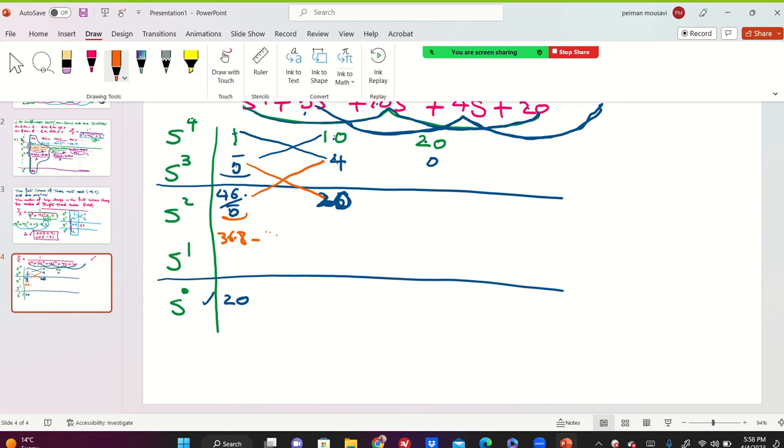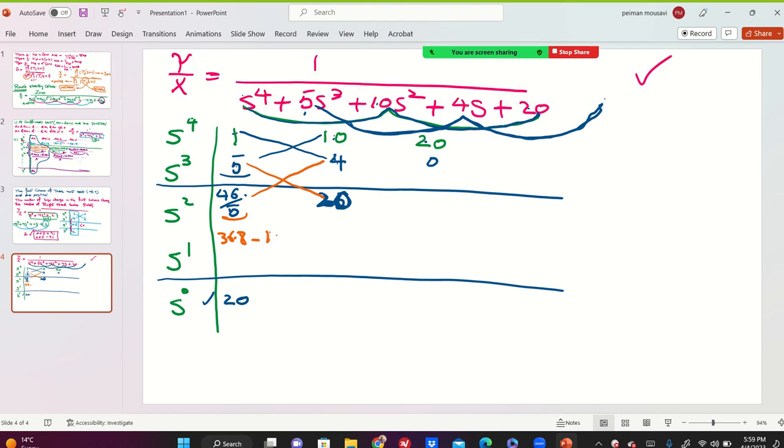Divide by 100 and divided by this number, 46 divided by 5, which is 9.2. The answer of this, 36.8 minus 100 divided by 9.2, is minus 6.8.